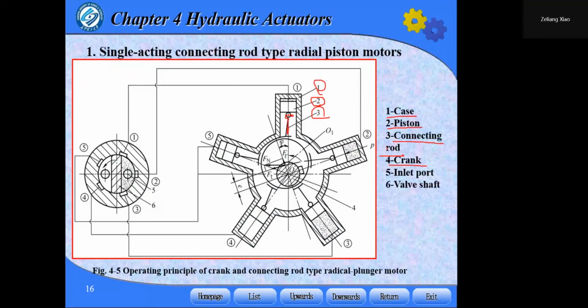The fourth is the crankshaft. Six is the valve shaft.